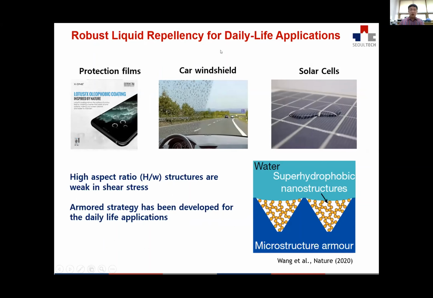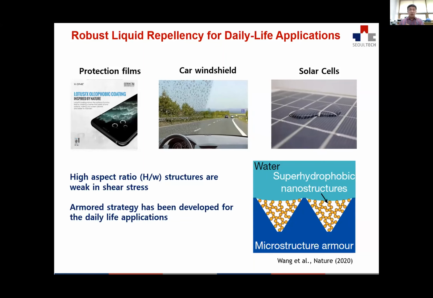In the case of car windshields, as you know, there is some shear stress to remove the rain. So that's why robustness is very important for liquid repellency structures.